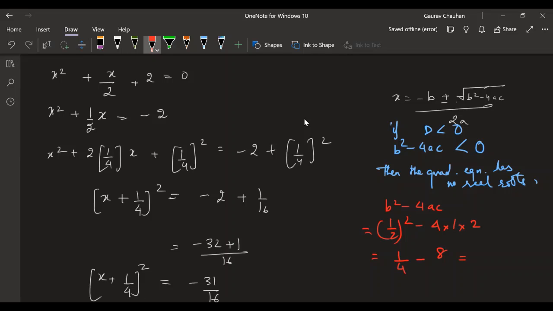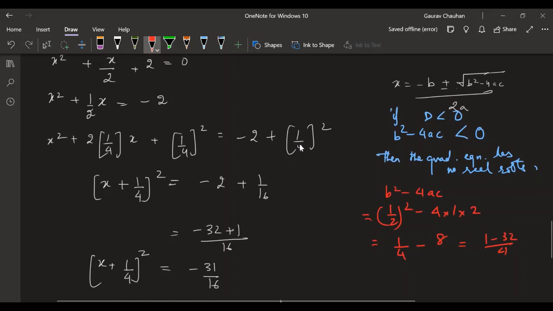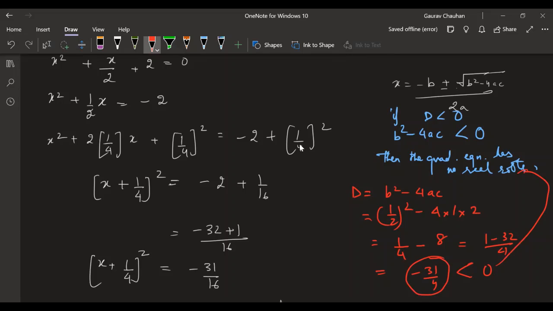That's equal to 1 minus 32 by 4. That's equal to minus 31 by 4. The discriminant here is less than 0, which means this quadratic equation also has no real roots, and that's verified in the process we're doing here also.